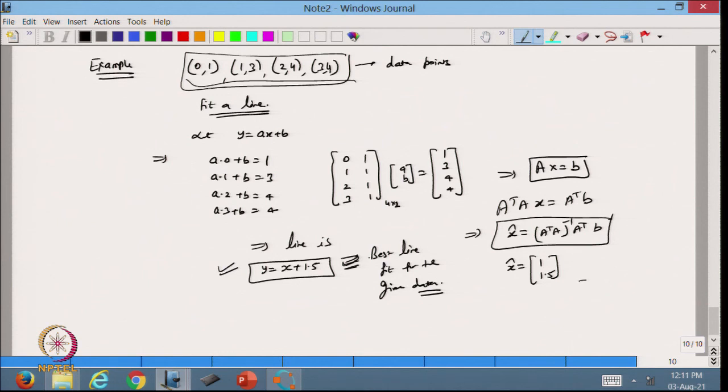In today's lecture we have discussed a very important application: if we have data points, how we can fit a line which either passes through all the points, or, if it is not passing through all the points, passes closest to all the points, and that is done by the method of least squares. And then we have discussed that if the system is inconsistent, how we can solve those systems with the help of the projection.